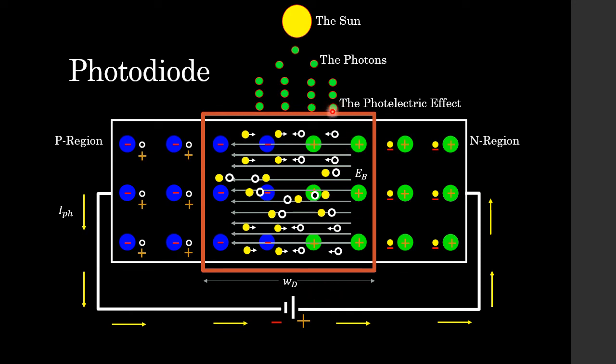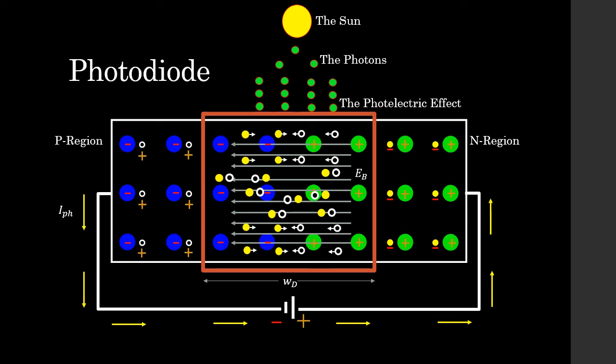So when the photons bombard our depletion region, once again very similarly to the solar cell, they impart energy into the depletion region. This energy generates electron-hole pairs or free charge carriers, and these are then able to flow: electrons in the opposite direction of the electric field, holes in the same direction, and that generates this current IPH.